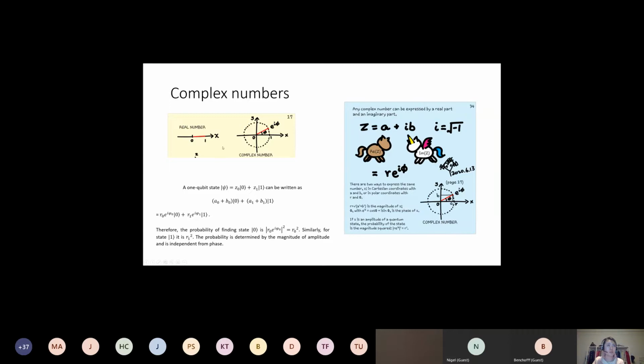This you have also seen in the last class when we wanted to show a qubit in a three-dimensional space. But we're not talking about qubits right now. We're talking about complex numbers. When you have just a real number, you can express it on a line, and the length of that just indicates how big your number is.